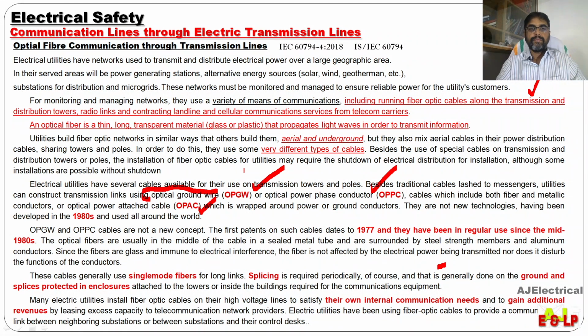Okay. Actually, these OPGW, OPPC or OPAC were already developed even in the 1980s all over the world. You can see the first patent of OPGW and OPPC was actually given in 1977, and already by 1980 it was developed or implemented all over the world.